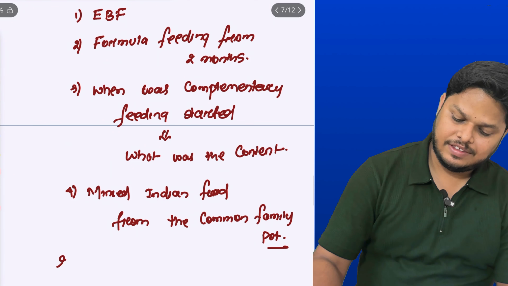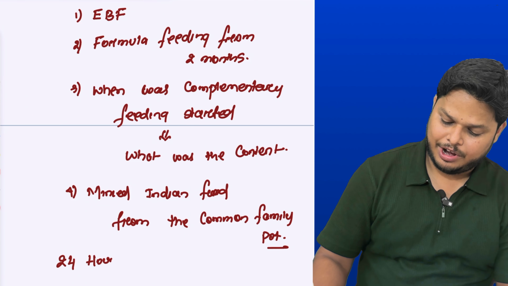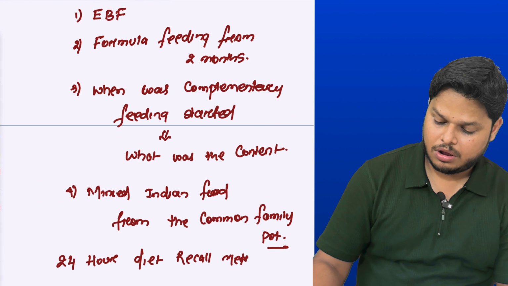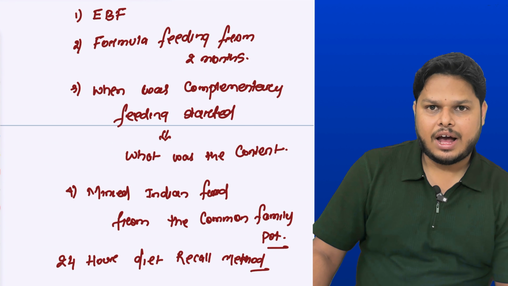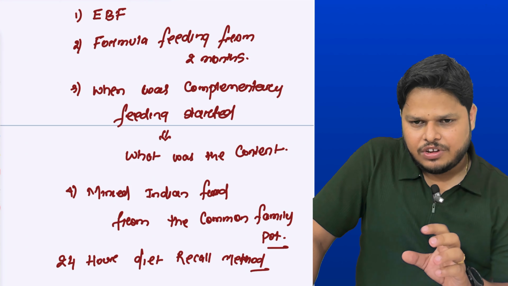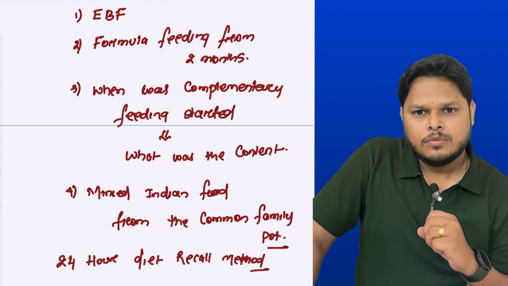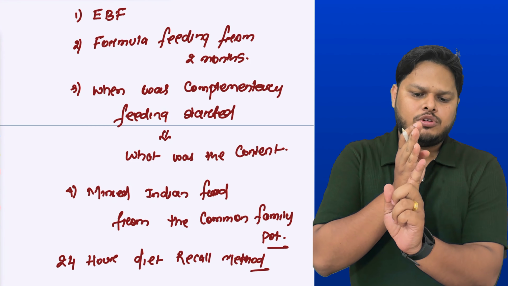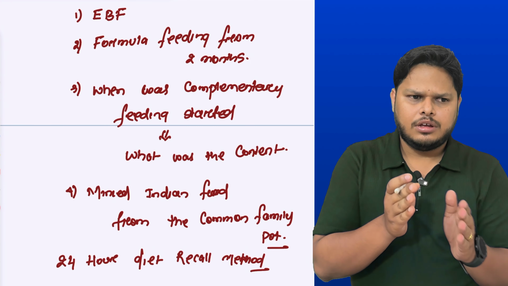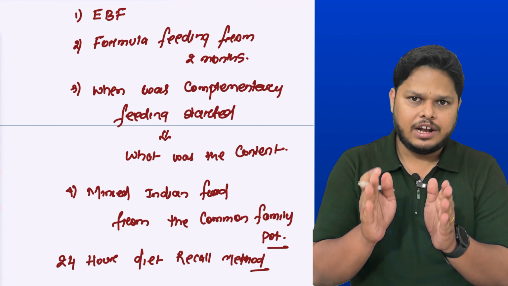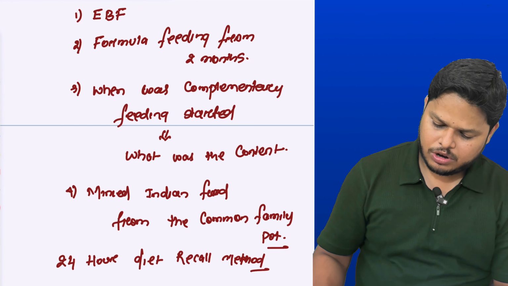After we take all this history right from birth till today, we take a 24-hour diet recall method. What is that? We ask, now the child is in the hospital. If the child would have been at home by now, or when you came to the hospital today, yesterday, in the last 24 hours, what was the child's common intake? What do we do with that?